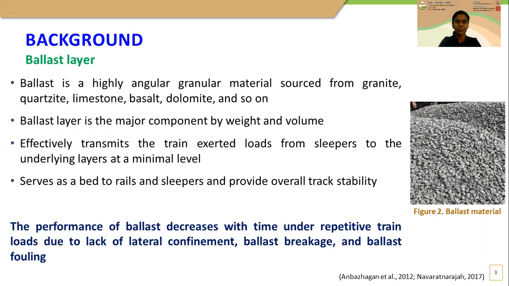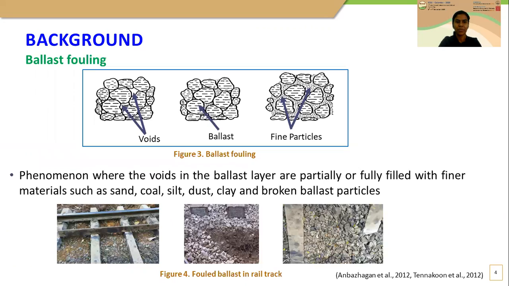With time, the performance of ballast decreases with repetitive train loads due to the lack of lateral confinement, ballast breakage, and ballast fouling. Ballast fouling is the phenomenon where the voids in the ballast layer are partially or fully filled with fine materials such as sand, coal, silt, dust, clay, and broken ballast particles.